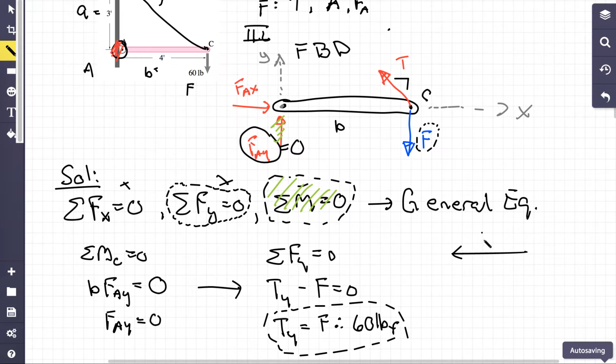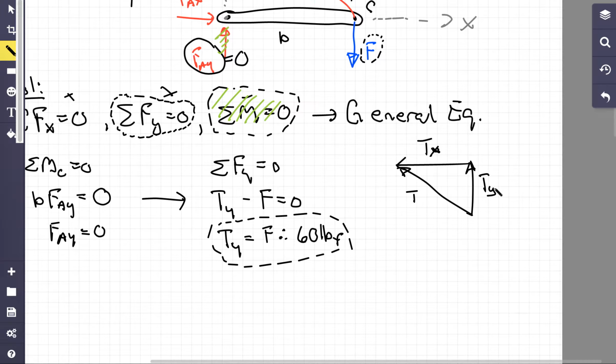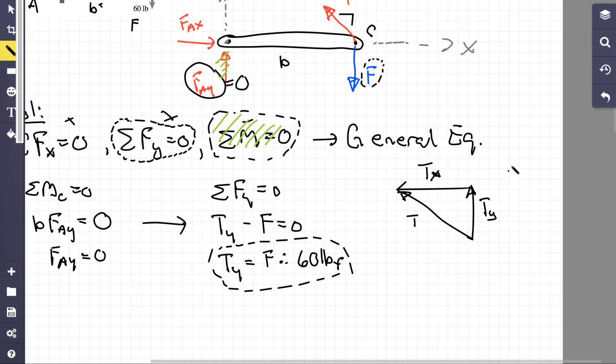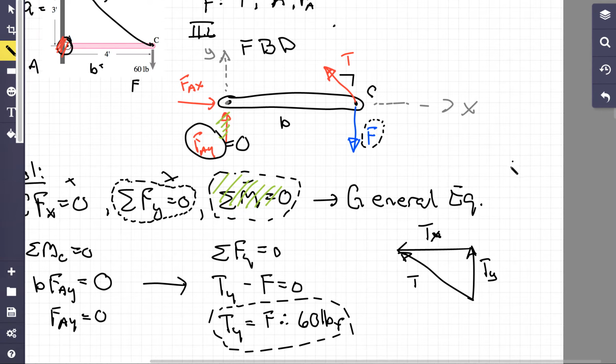We could say that that is Tx, this is Ty, and this is T. Furthermore, we know the slope of this, so it goes up A, and it goes over B. What are A and B?